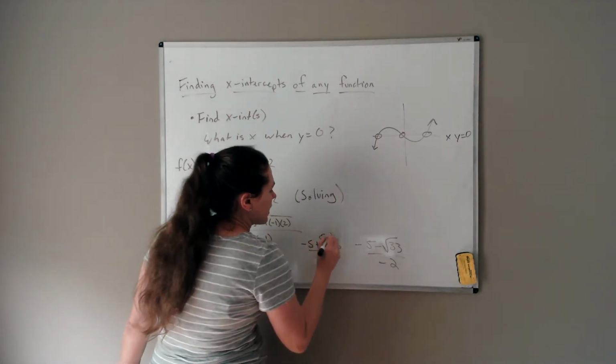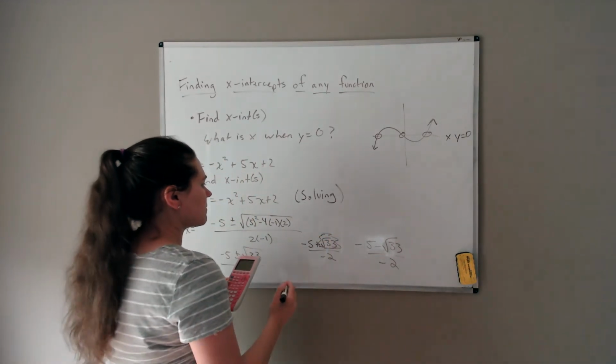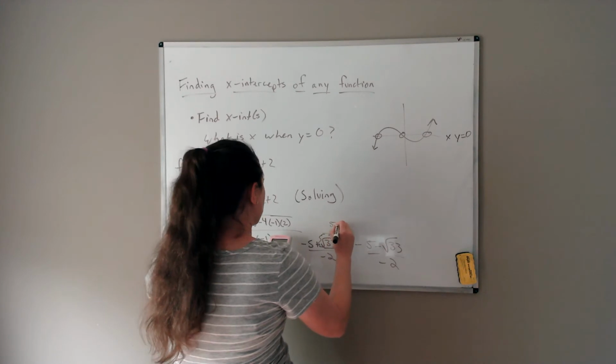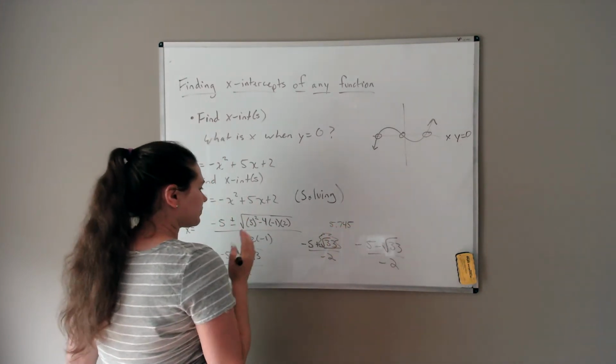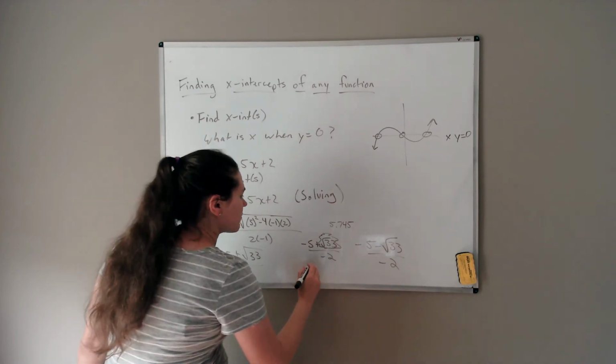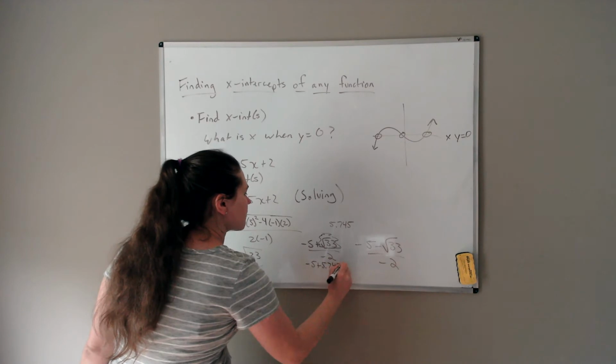The first thing we round is the square root of 33, which is approximately 5.745. So we now have negative 5 plus 5.745, all over negative 2.